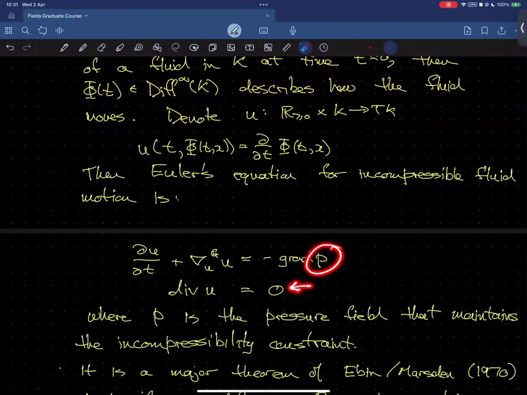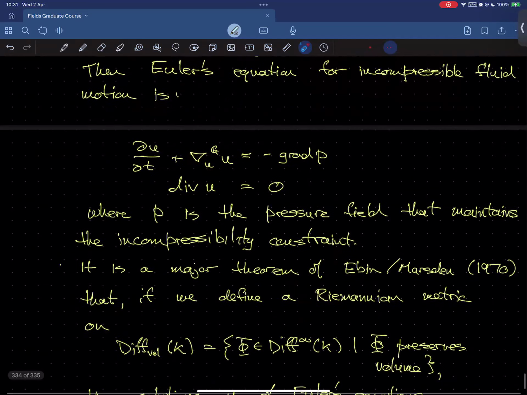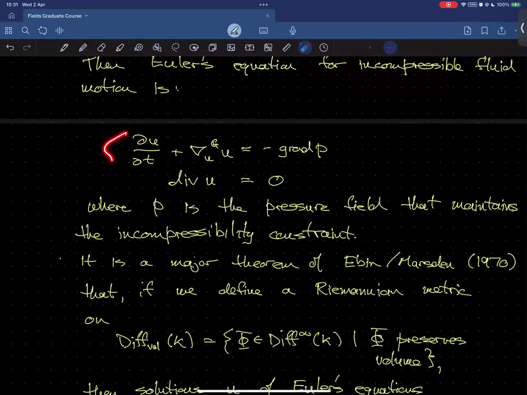And P is the pressure field which maintains the incompressibility constraint, so P has to be solved for as part of the solution of the equation. So the theory of fluid mechanics produces Euler's equation. And if you've never seen Euler's equations before for fluids, what I am saying now is definitely not going to help you understand it. And if you have, maybe this will look familiar to you.